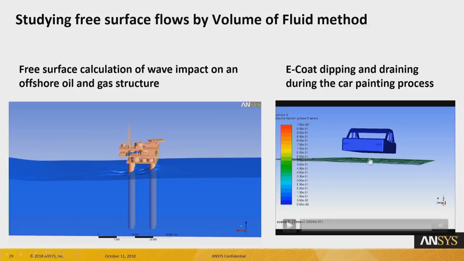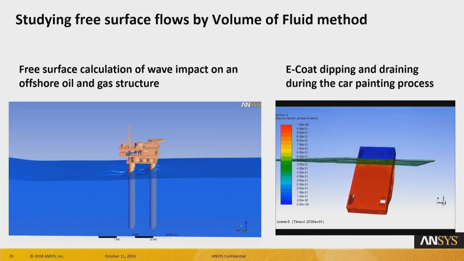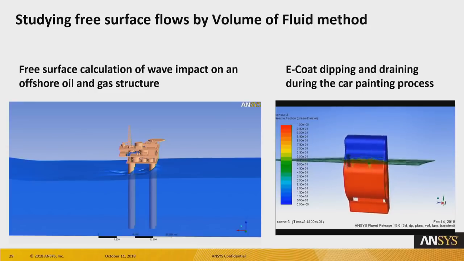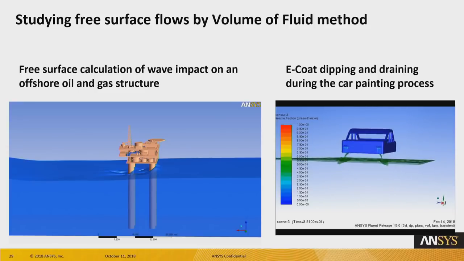So in this case, the vehicle is being dipped into a pool that contains the electrolytic liquid. So if we do that, what we are typically looking for is to make sure that we don't have any air gaps inside the vehicle as it's submerged, because these air gaps are going to adhere to the vehicle's surface and they will prevent the uniform deposition of paint.